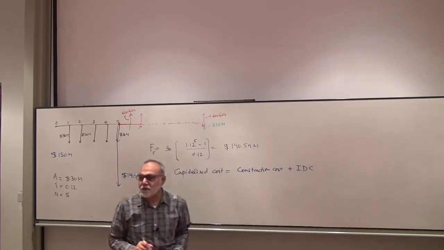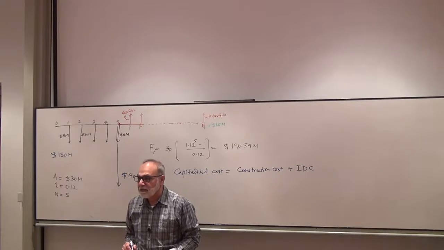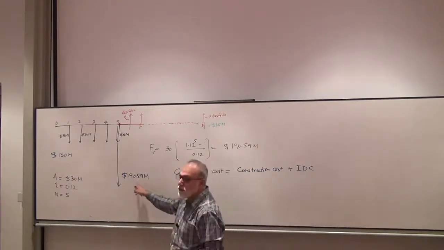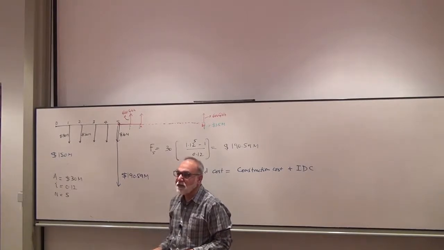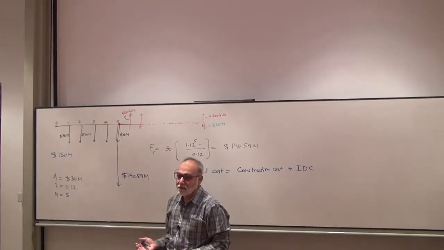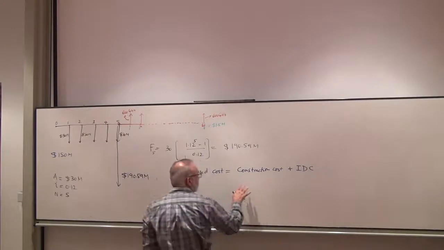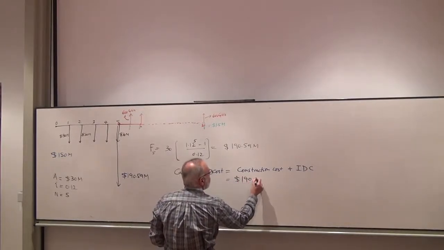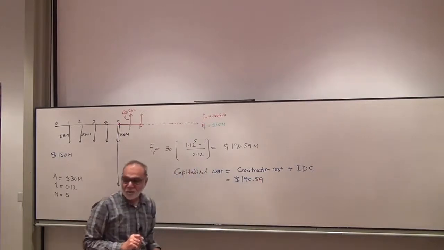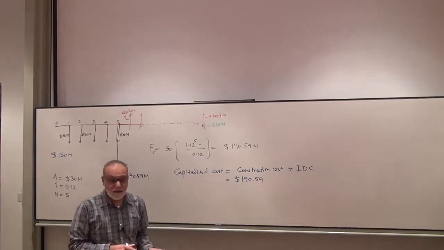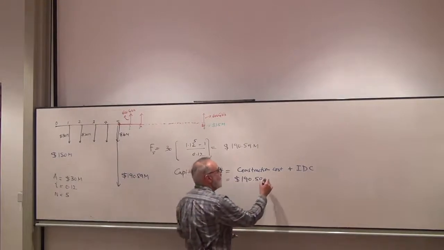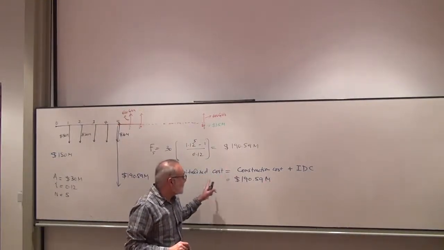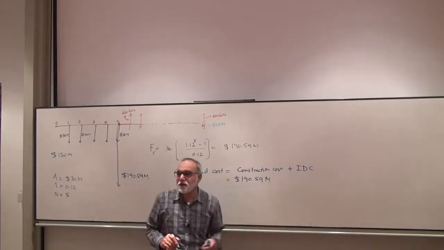IDC is called interest during construction. So we have 150 million here, and the rest, 40.59, is accumulated due to interest. The total cost, capitalized cost, has become $190.59 million from $150 million. This cost is capitalized cost, which includes construction cost plus interest during construction.